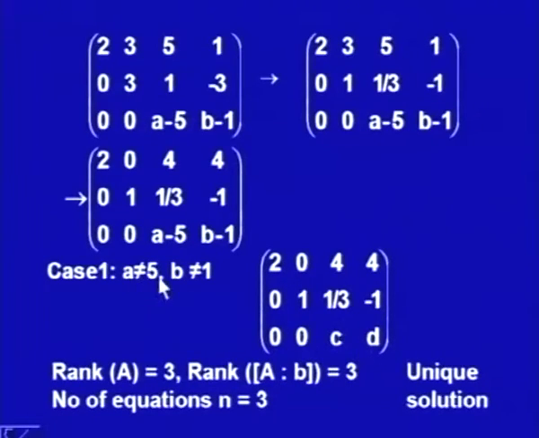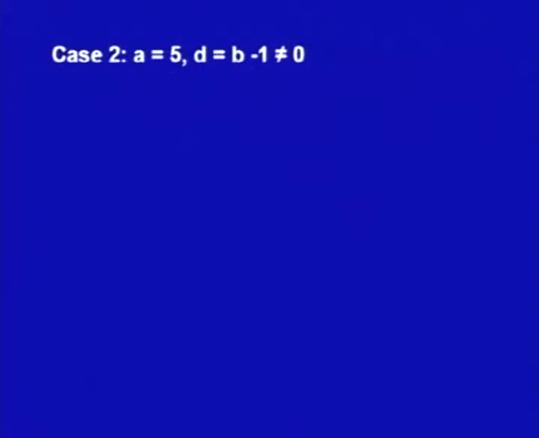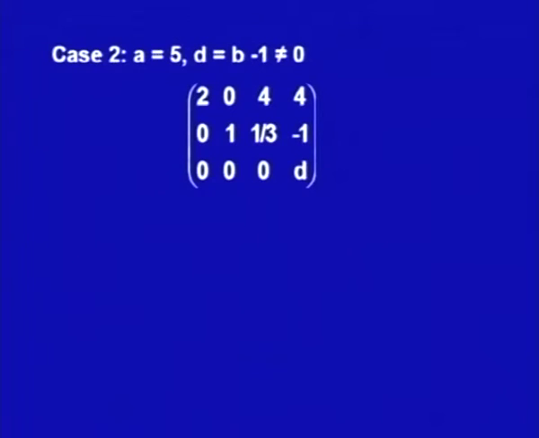But if a is equal to 5 and b is not equal to 1, now in the second case we say that a is equal to 5 and D is equal to b minus 1 is not 0. So, in that case the augmented matrix will become as this, and you may notice that the last line has zeros here and D here.